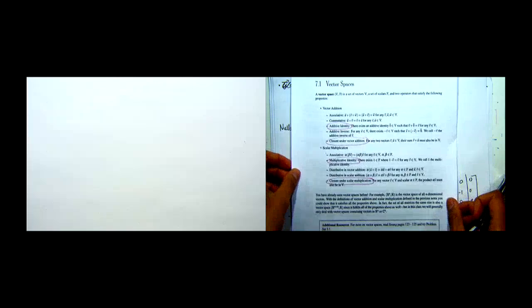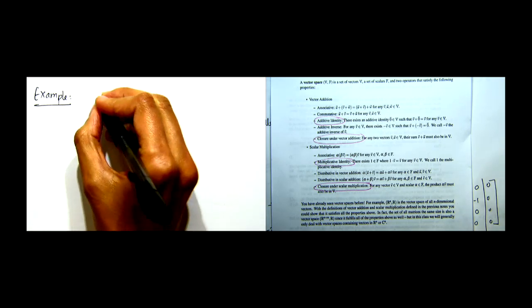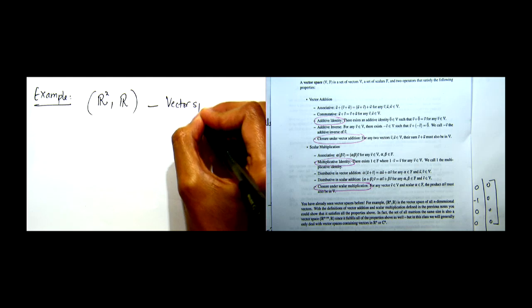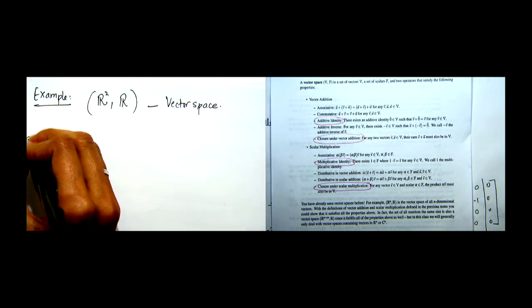And now, when you have a vector space, let me zoom in. What's an example? An example that you all know is, for example, R2, R. This is a vector space. What is a basis for this vector space?